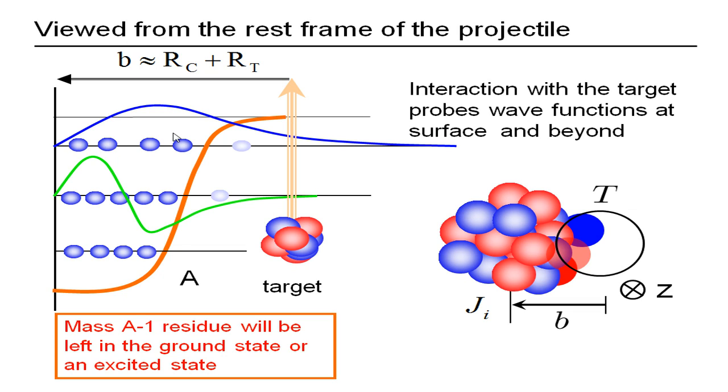So seeing a gamma ray after the event, a de-excitation gamma ray, is probably indicative that you've removed nucleons from more well-bound orbitals below the Fermi surface. Okay? And so it gives you information about what is happening in the structure of this system. Okay, but I think what this cartoon will also convince you of, what we're going to look at, is what the wave functions are doing at the surface. Okay?